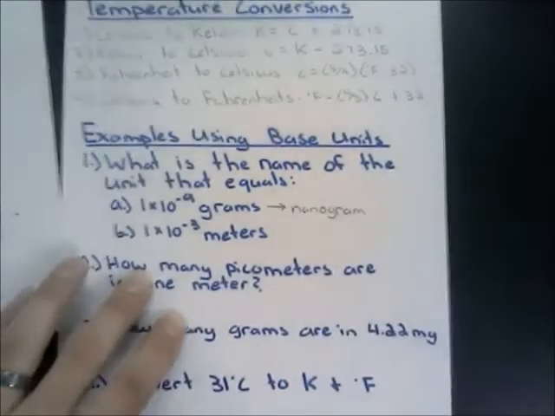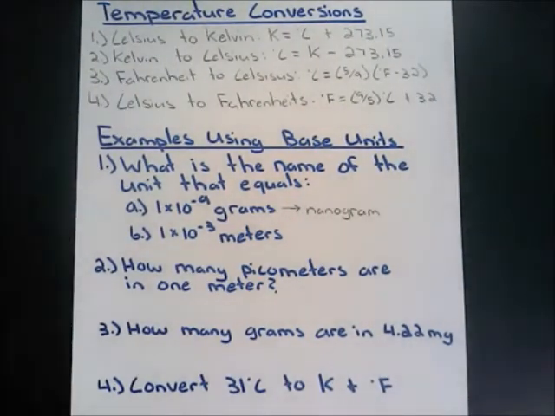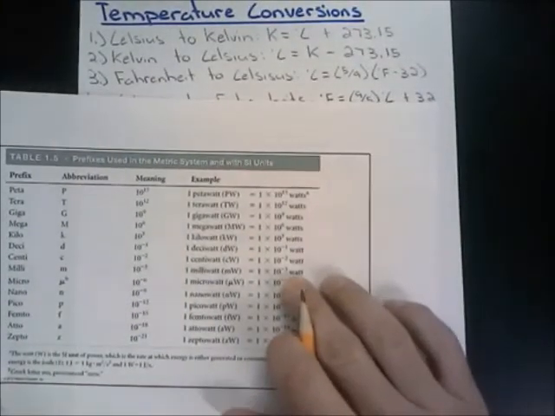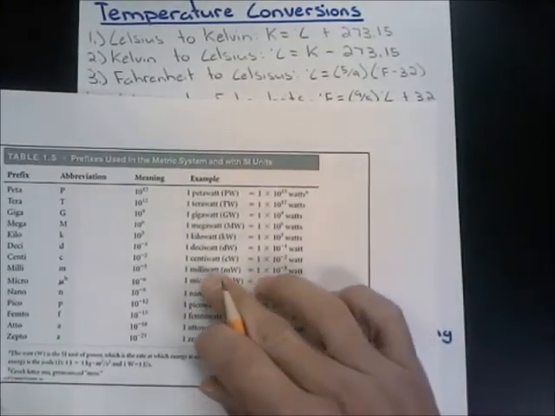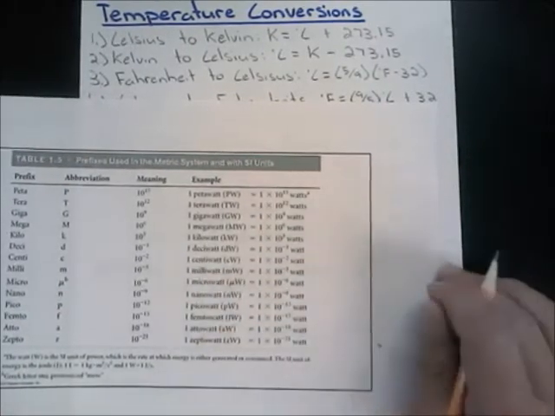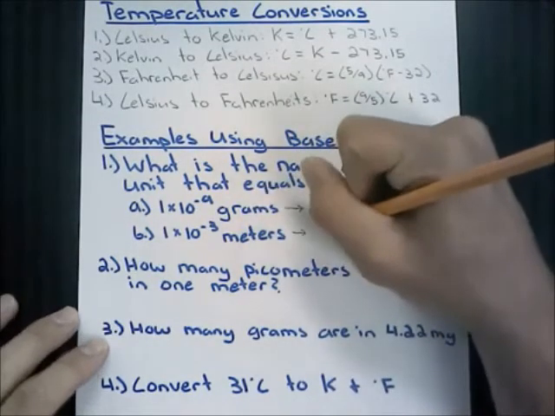Now we do the same thing for 1 times 10 to the negative 3rd meters. Again, we look at our sheet, we find 1 times 10 to the negative 3rd, and we look over here, this is the prefix milli. So 1 times 10 to the negative 3rd is a millimeter.